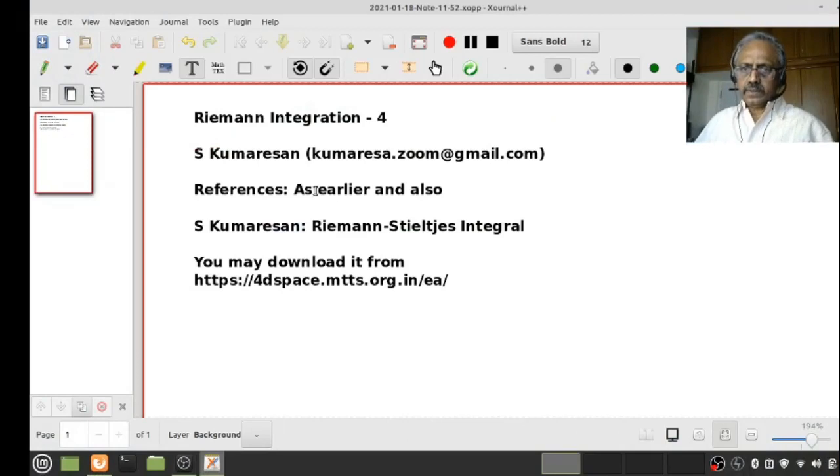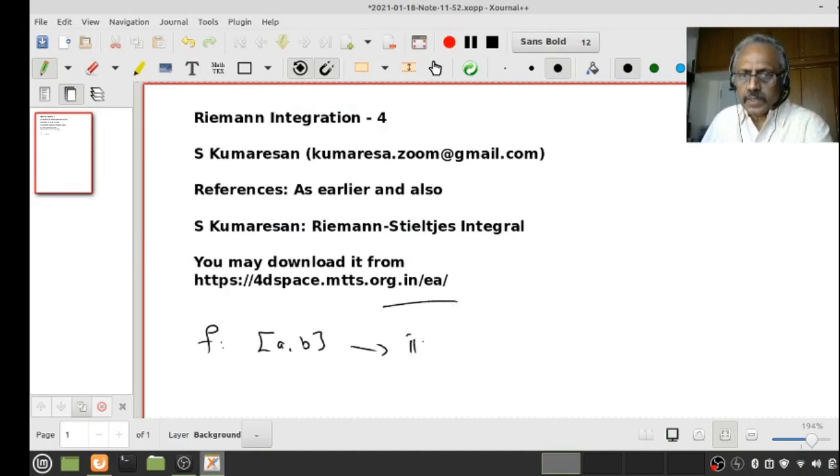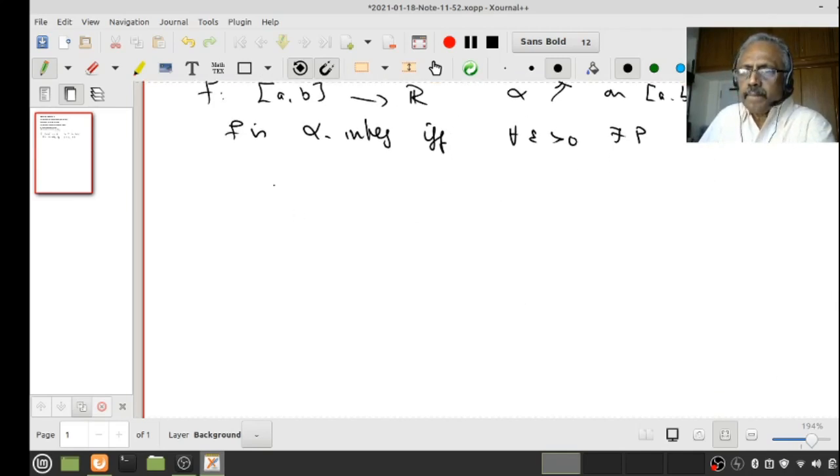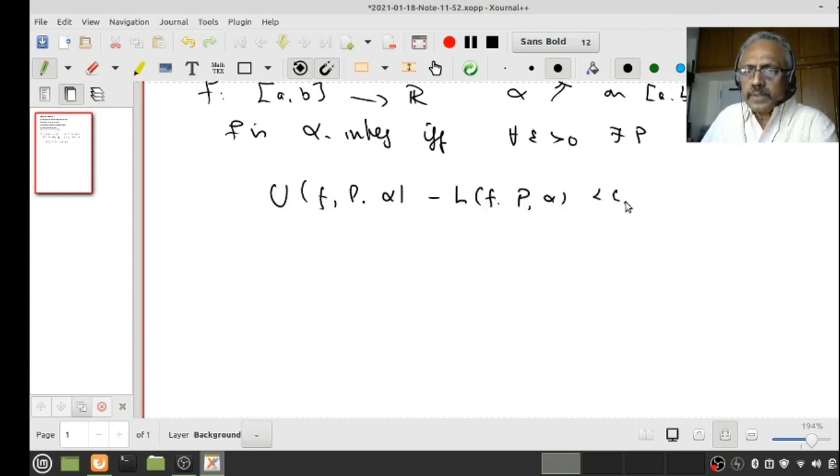Let us quickly recall what we did. If f is a bounded function from [a, b] to R and alpha is an increasing function on [a, b], then f is alpha integrable if and only if for every epsilon positive there exists a partition P so that U(P, alpha) minus L(P, alpha) is less than epsilon.